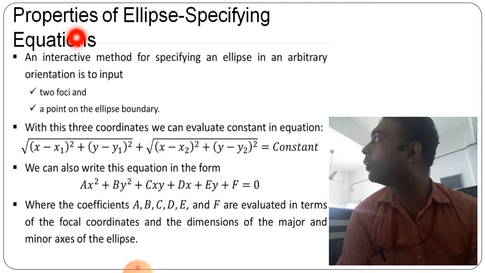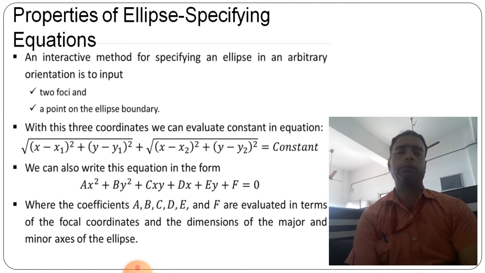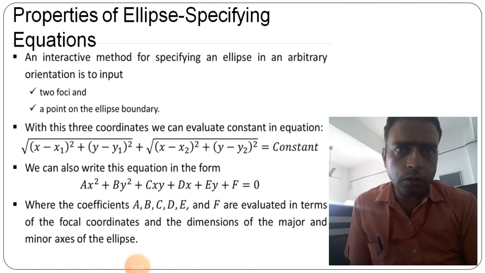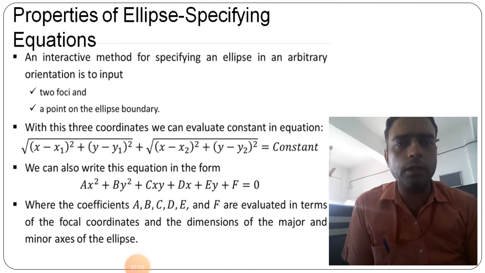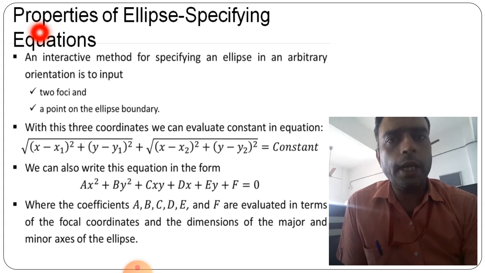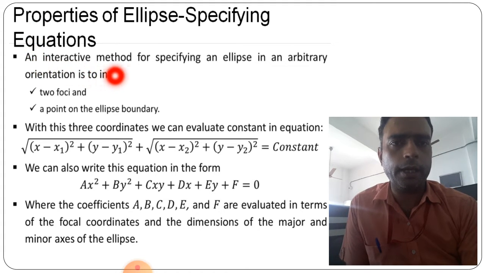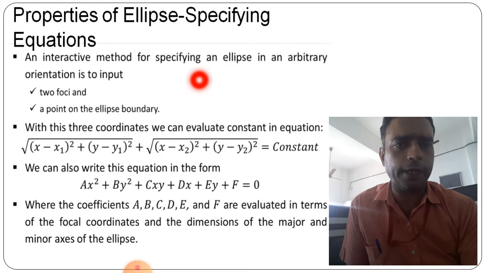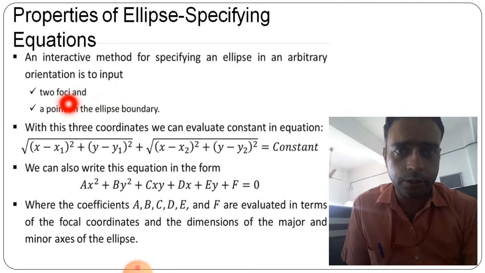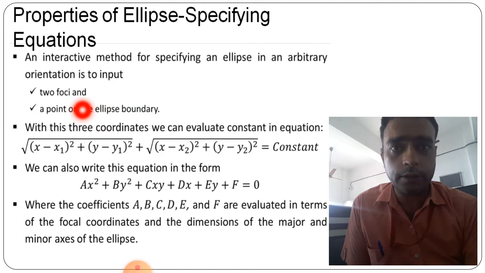Now we are seeing these properties of ellipse, specifying equations. Here an interactive method for specifying an ellipse in an arbitrary orientation is to input two foci, as we are seeing in the diagram, and a point on the ellipse boundary.